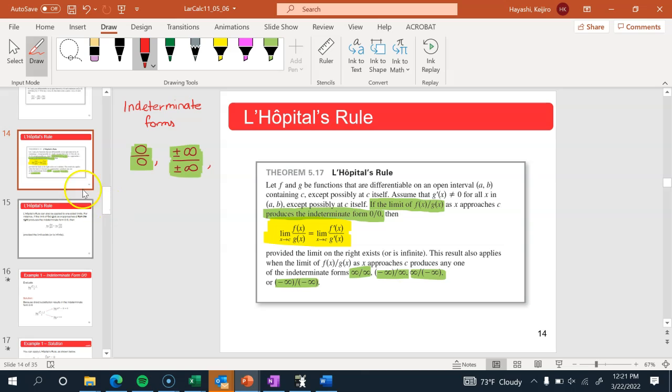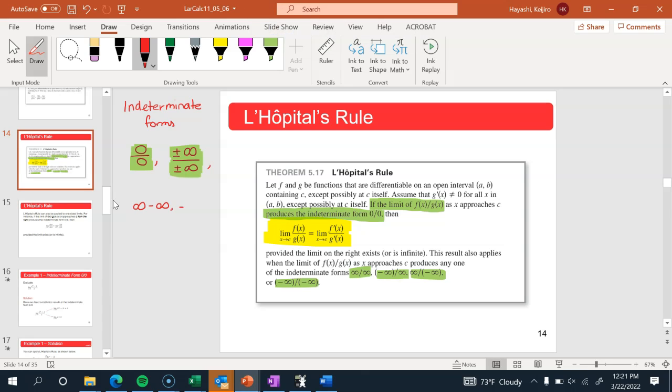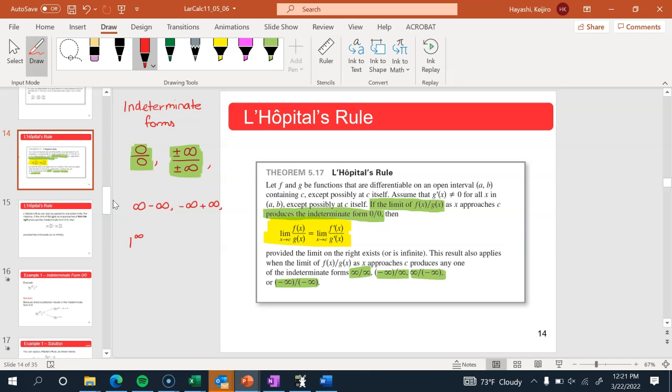For example, infinity minus infinity. Or negative infinity plus infinity, basically the same thing. 1 to the power of infinity, let's say infinity to the power of 0. 0 to the power of 0.